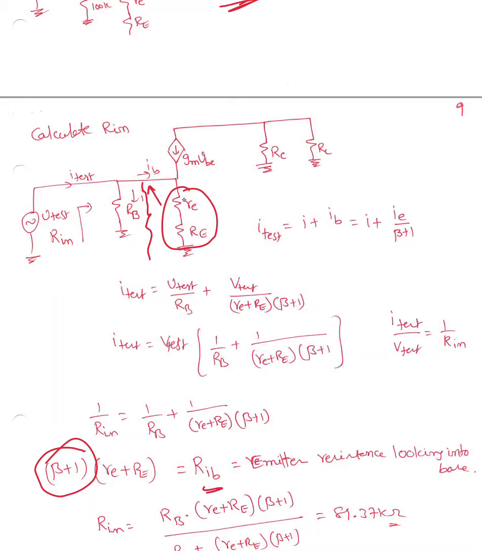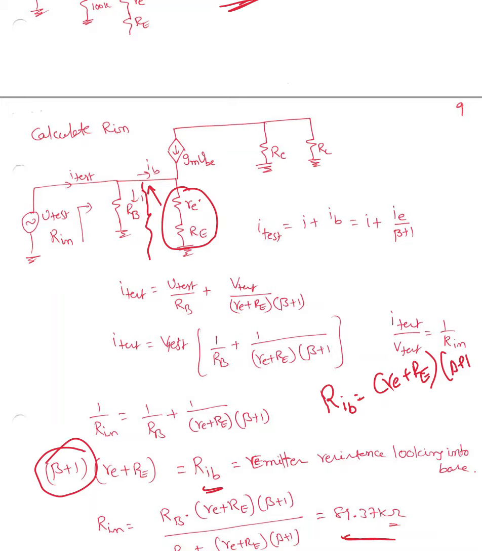So when you move the resistance from the emitter side to the base, RIB equals small re plus capital RE, times beta plus 1. If you're moving resistance from emitter to the base, just multiply by beta plus 1. If you're moving the other way, from base to emitter, then divide by beta plus 1. Based on this, I can find the input resistance.